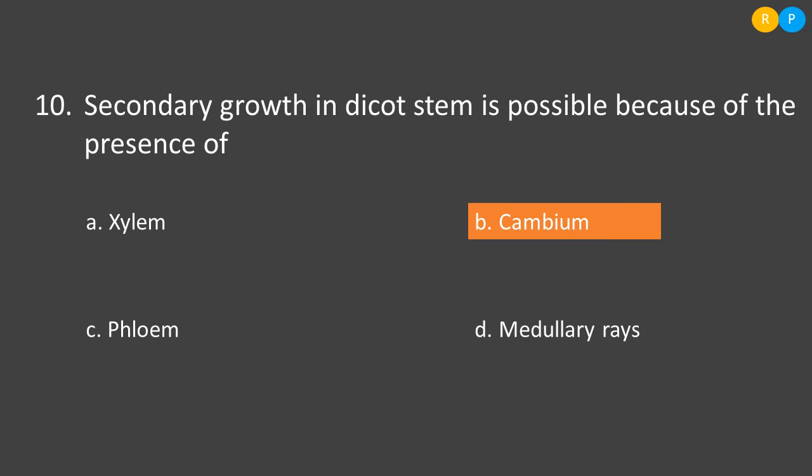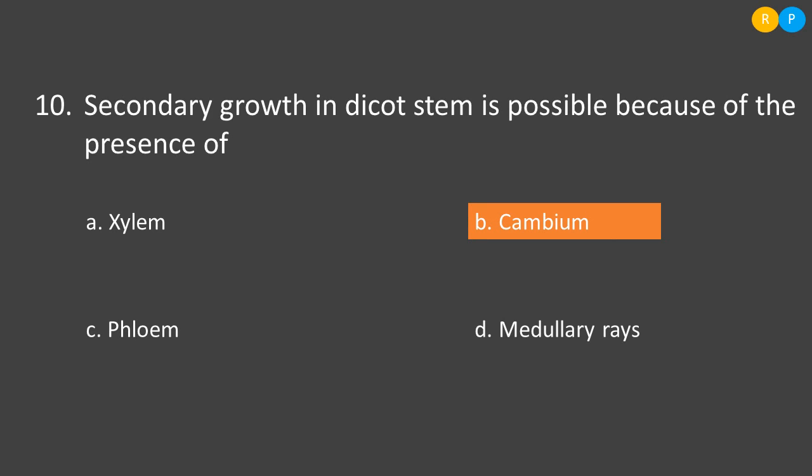So why will the cambium help in secondary tissue? Because the cambium is meristematic in function. So we have the best example of vascular cambium and cork cambium. So these two cambium are meristematic in function. So because of their ability to add new tissues, they help in secondary growth.